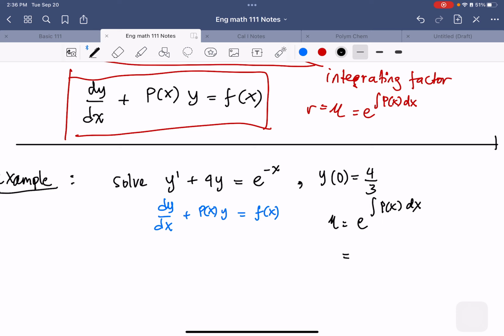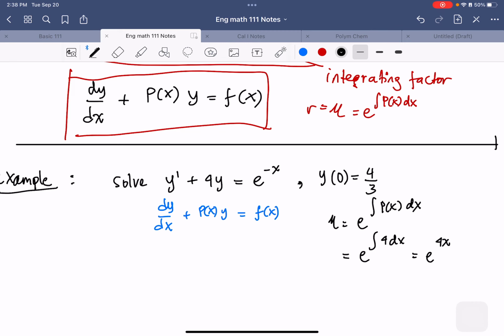So this e with power of the integral of 4 dx will be equal to e with power of 4x. My suggestion: you may be tempted to add a constant here, but since it will just be a constant, it is useful to take all the constants at the end. So let's just use this e with power of 4x to multiply with this equation.